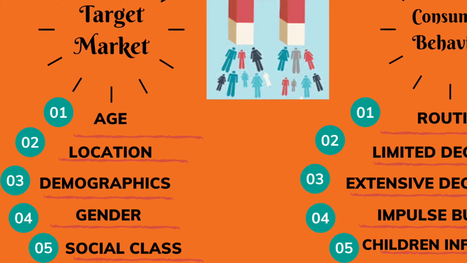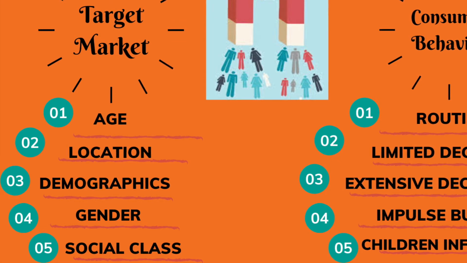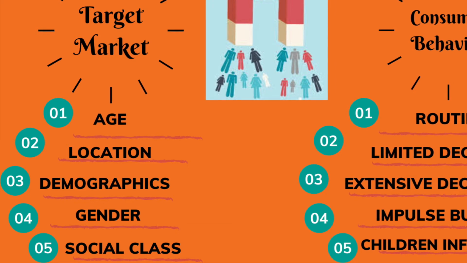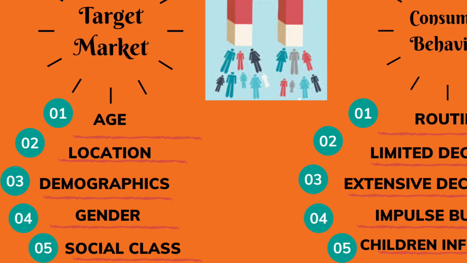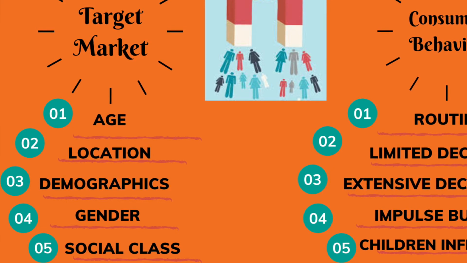So your target market mainly comprises their age, their location, their demographics, their territory, their interests, and this has everything to do with your customers and who is your specific target market.